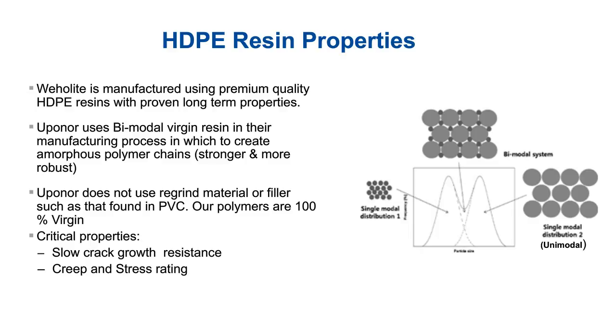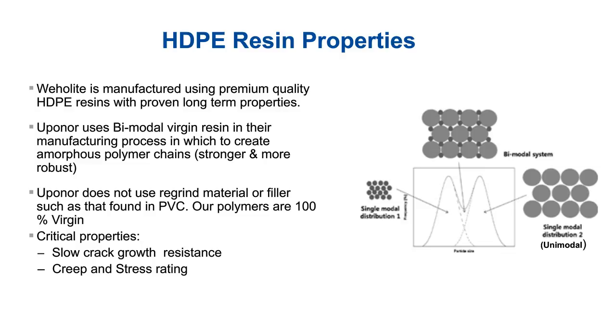Getting into the properties of HDPE, there are different types, like anything from back in the 1920s to present day. Technology has evolved, and so have the chemistries within resins. Uponor uses a bimodal resin, and simply put, it provides us a resin that has greater structural properties than a unimodal that is commonly found in the market today.